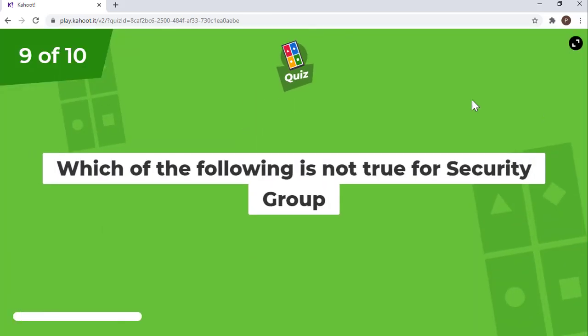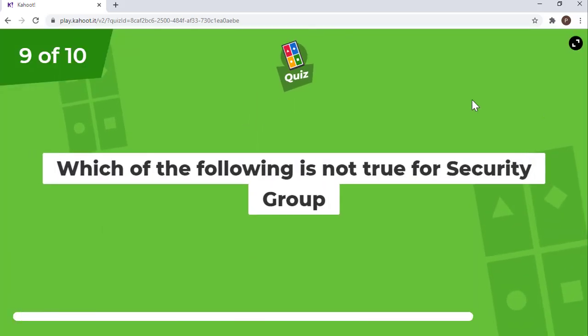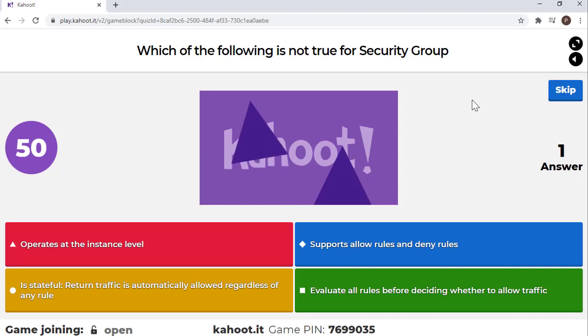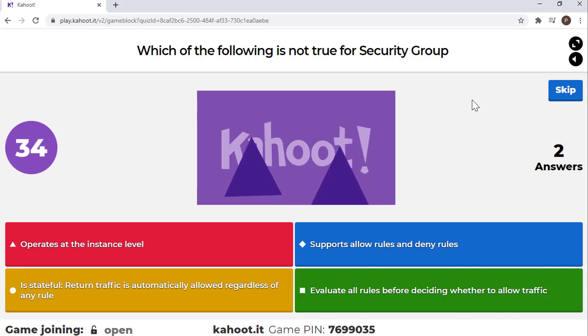Last two questions. Which of the following is not true for a security group? I'll let you guys read the answers here and answer carefully. Okay, this question seems like it's taking time for everyone.